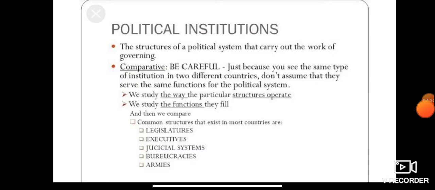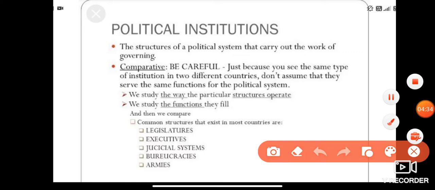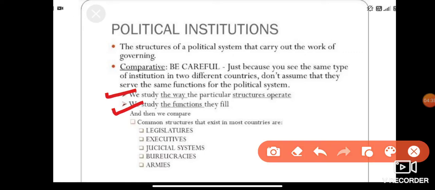So we study the way the particular structures operate, we study the functions they fill, and then we compare. The common structures that exist in most countries are the legislature, the executive, the judicial, the bureaucrats, the armies.